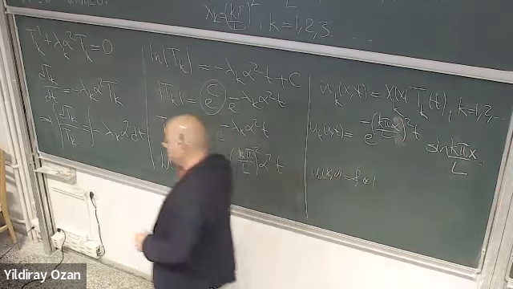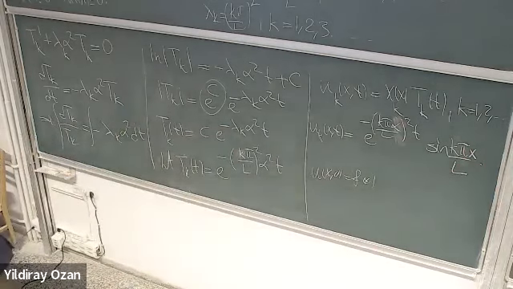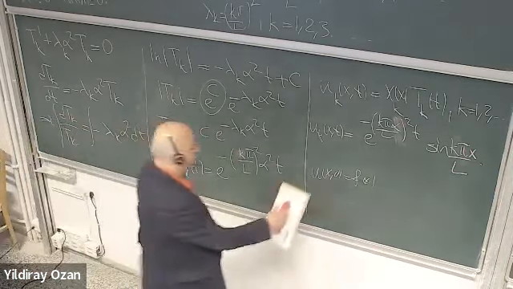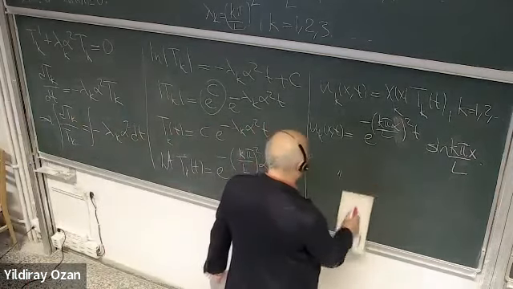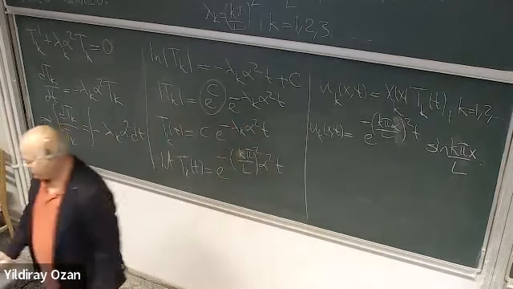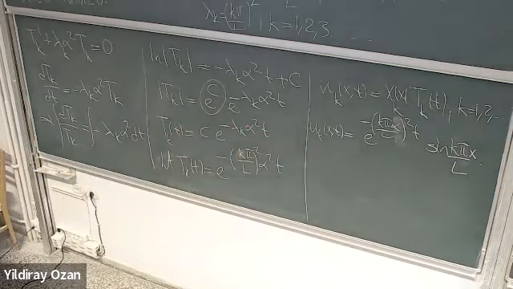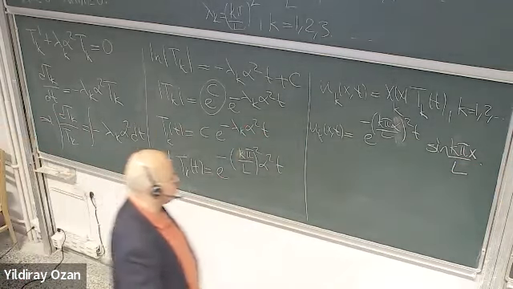And of course, that won't be equal to f. But the observation is the following. For each positive integer, I have a solution of the differential equation and the boundary conditions.